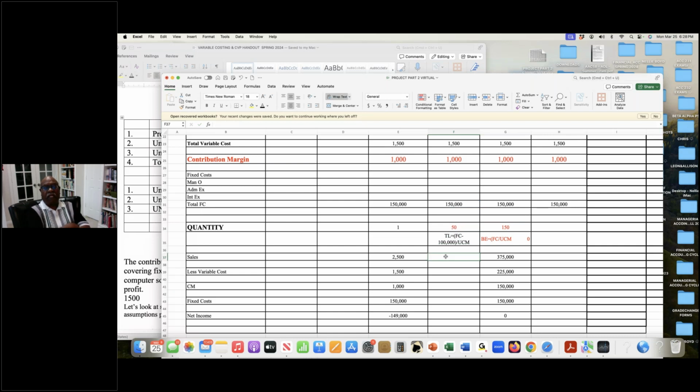And that's 50. We simply took the fixed cost of 150,000 and subtracted out the 100,000 for the target loss amount. That left us 50,000. We divided by 1,000 and got 50. Any questions?